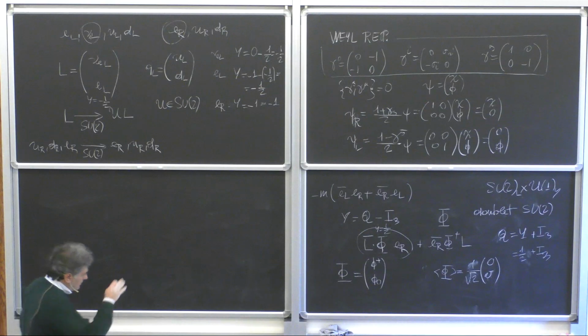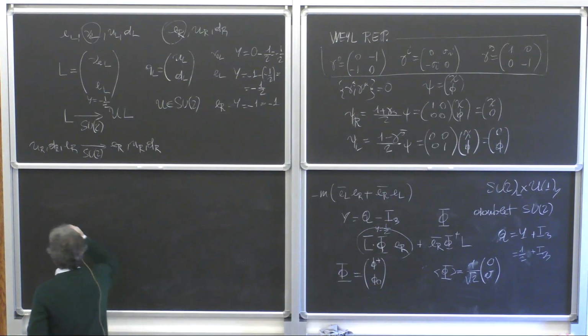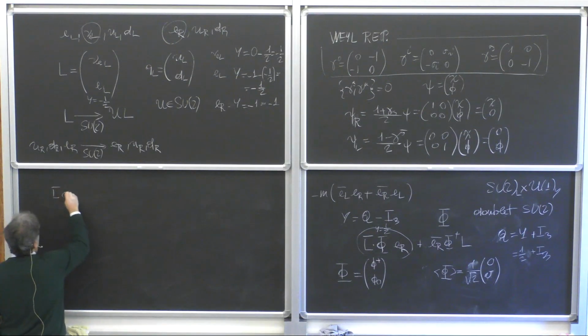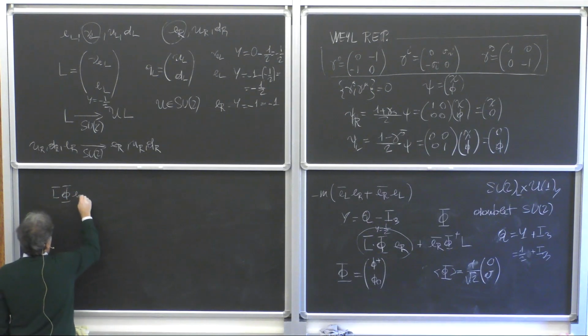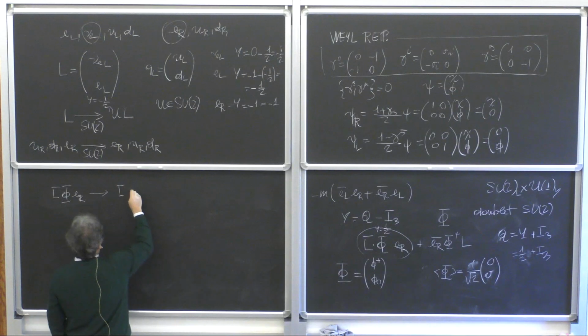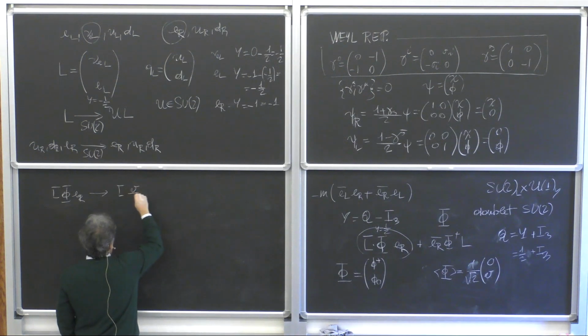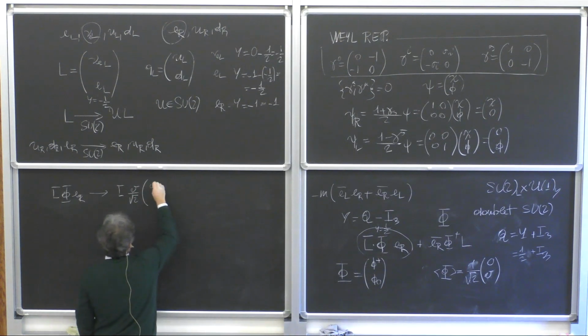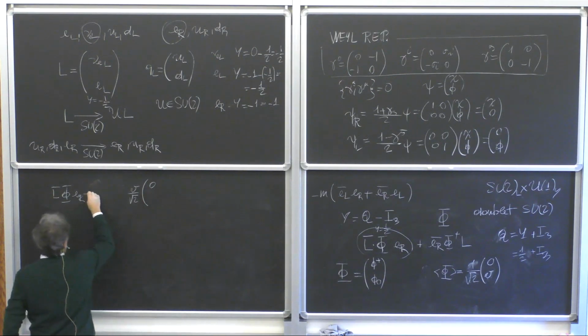So let's consider, for instance, L bar phi ER. This will be L bar, V over square root of 2, 0. Okay, let's write explicitly.